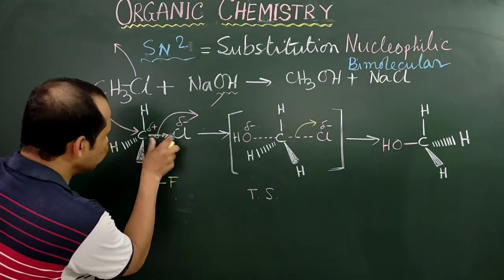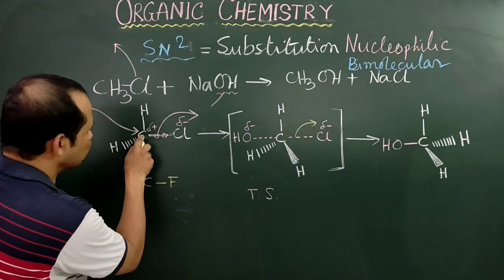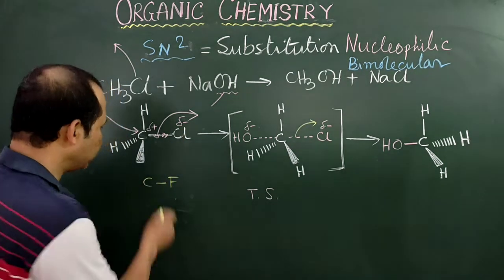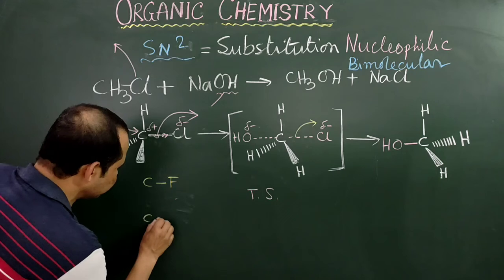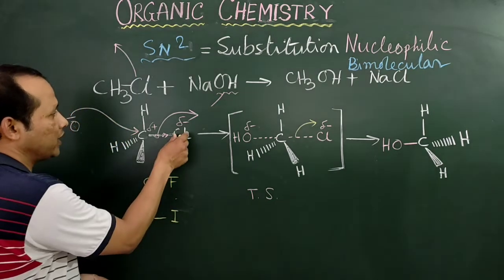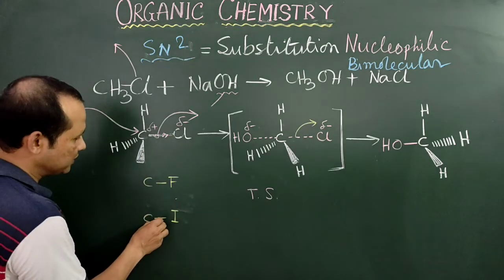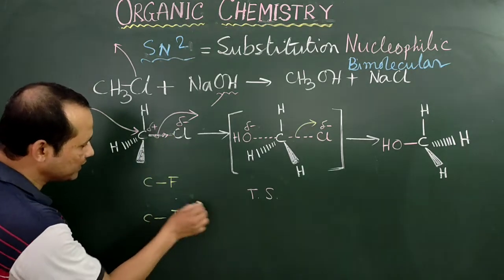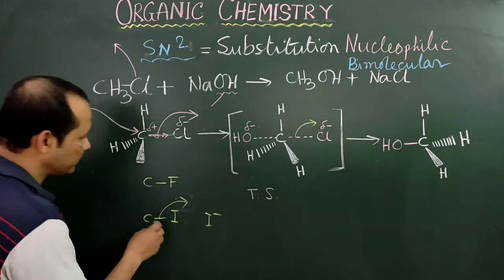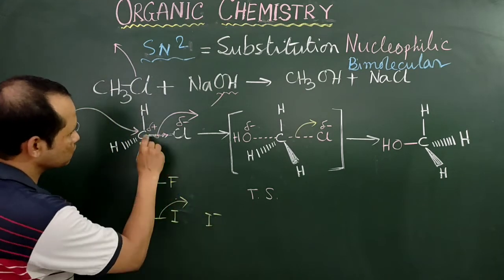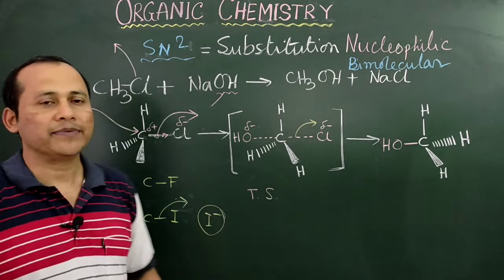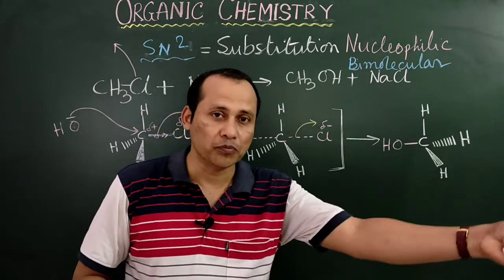So if it is here, that is carbon bonded with fluorine, then the reaction will be slower. But if we go on changing this one and ultimately make this one C-I, one iodine is present here, then this bond is readily cleaved and it will form I minus, and I minus will leave the system. So this then will be termed as the leaving group.